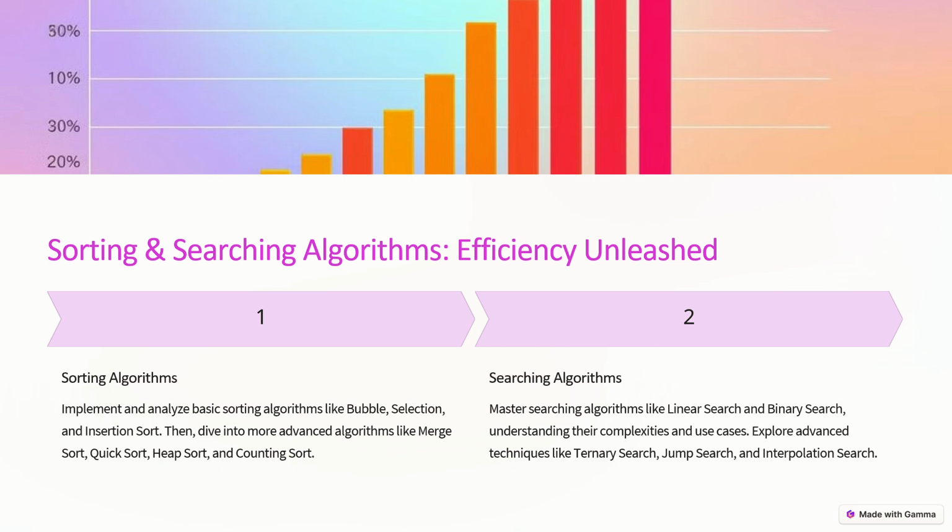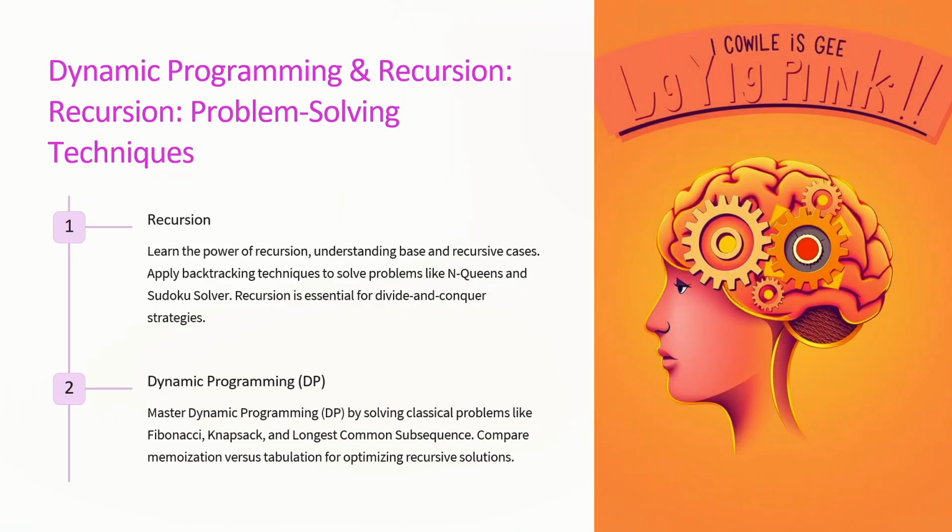Now we are moving on to dynamic programming. Mastering these will improve your problem-solving speed. Dynamic programming and recursion: many complex problems can be solved using recursion and dynamic programming.